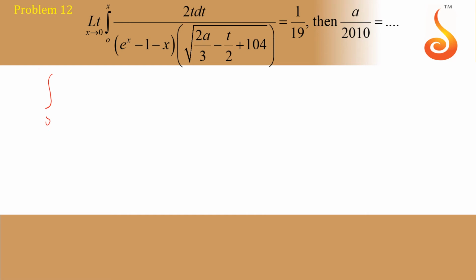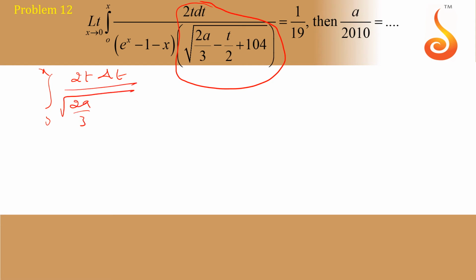Integral 0 to x 2t dt, because the t is there, means this is the function for which you are having integration. 2t dt by under root of 2a by 3 minus t by 2 plus 104 divided by e power x minus 1 minus x. So if you apply limit x tends to 0 for this, it is taking 0 by 0 form.